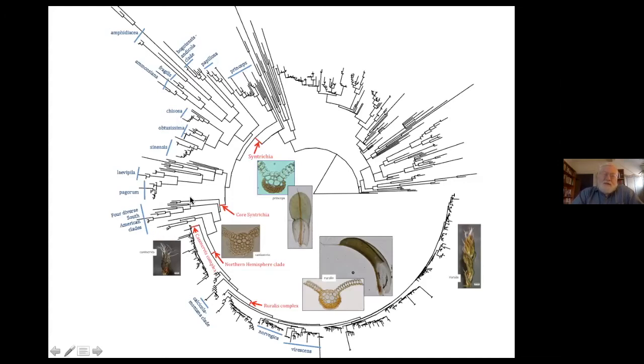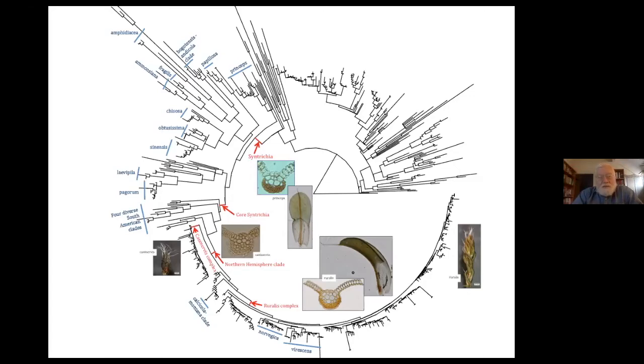The groups that Javi is studying most intensively, there are a number of separate lineages that are in South America. And then probably the most interesting thing that we discovered in the phylogeny part of this is there's a North American hemisphere clade here, which is a monophyletic group.